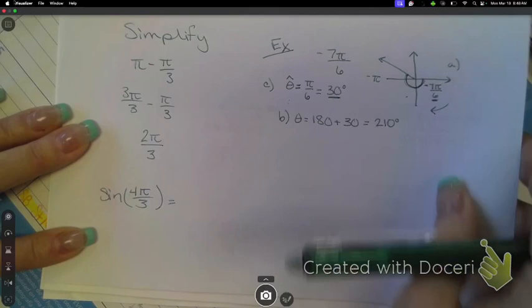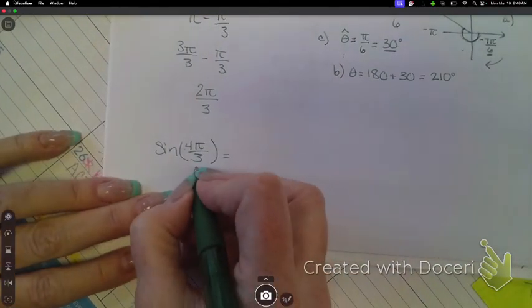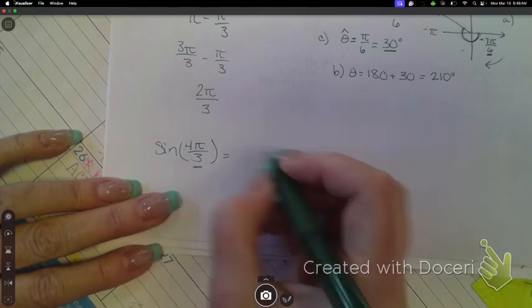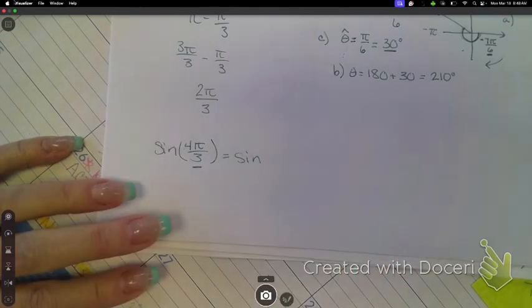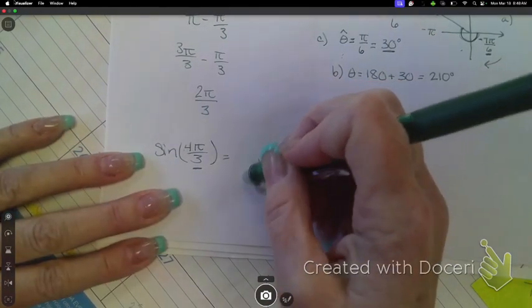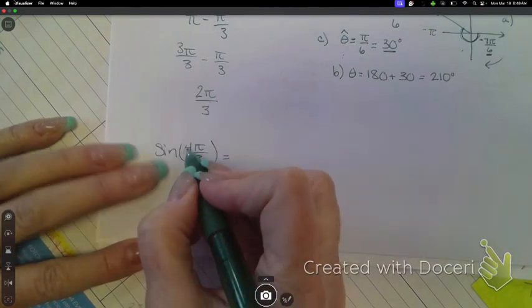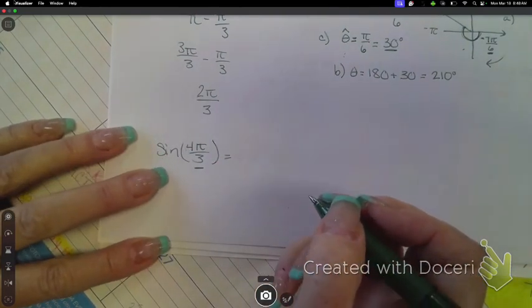Okay. So my reference angle is what? 60. In my brain, I'm saying 60. What quadrant am I in? Third. So is sine positive or negative there? Negative.